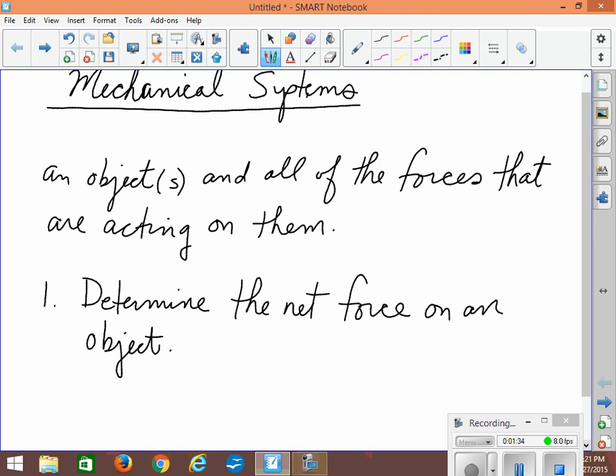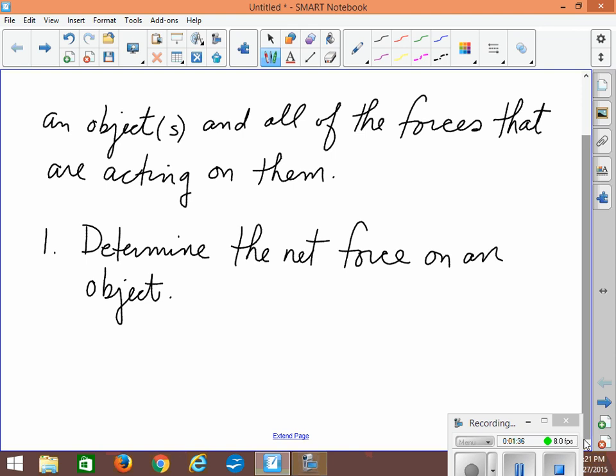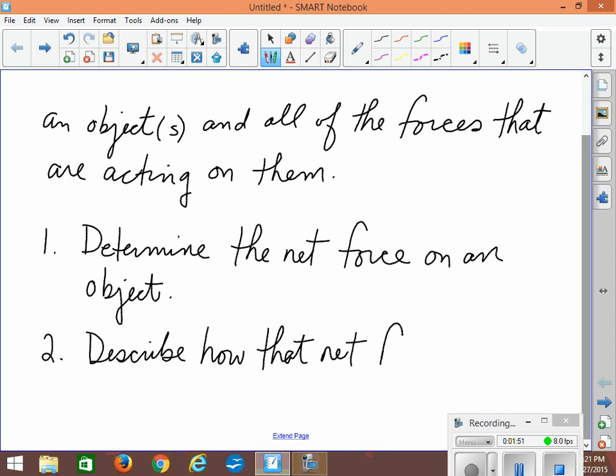And the second thing that we want to try to learn is to describe how that net force affects the object's motion.